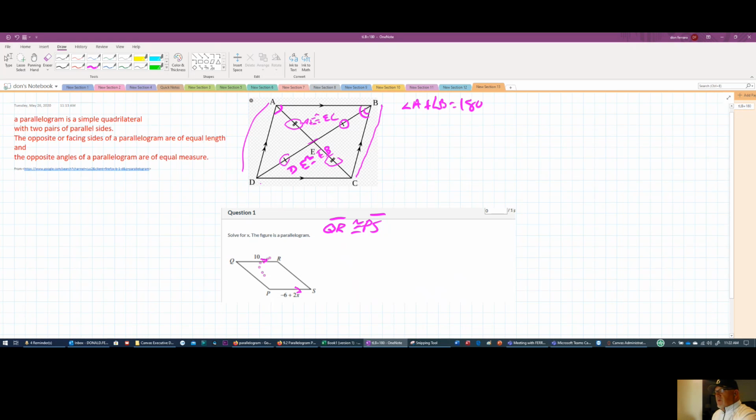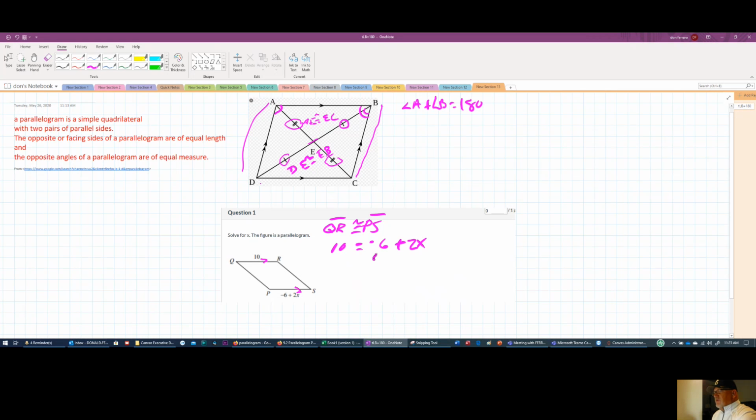Now we have to solve for x here. Since we know QR is 10, we're going to set that equal to PS, which is negative 6 plus 2x.